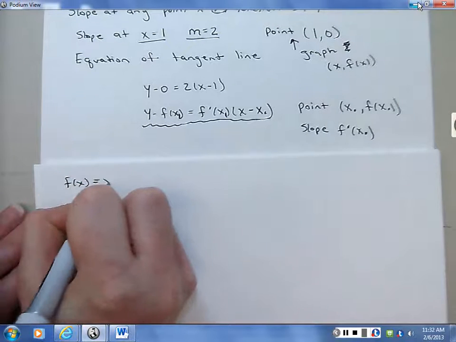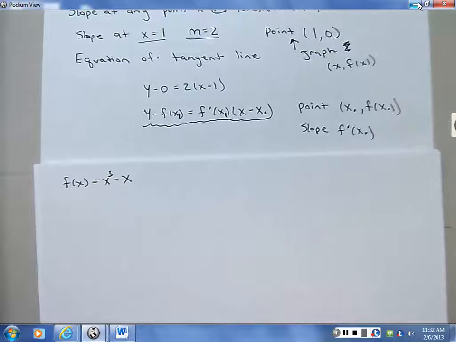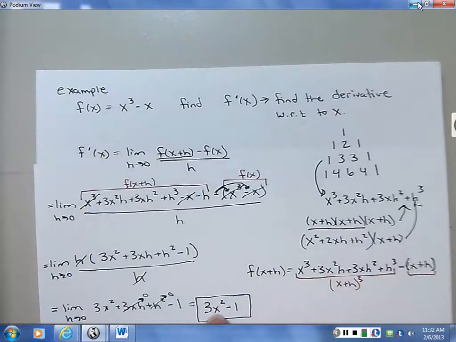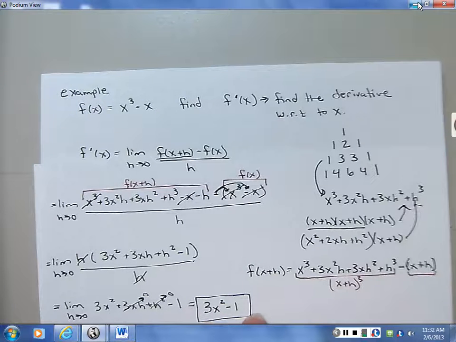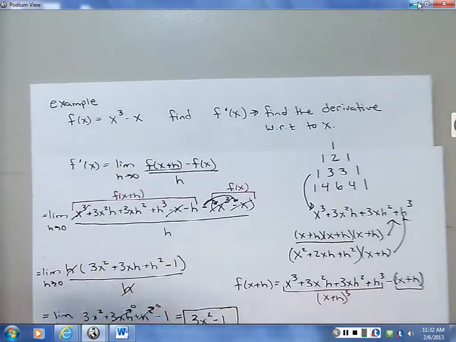So you could have plugged 47 into it, as long as your point was 47. Then I would be talking about the equation of the tangent line at the point x equals 47. So then my y component would be 47 cubed minus 47, but my slope would be 3 times 47 squared minus 1. Okay? The slope has to do with the derivative. The point has to do with the original function.